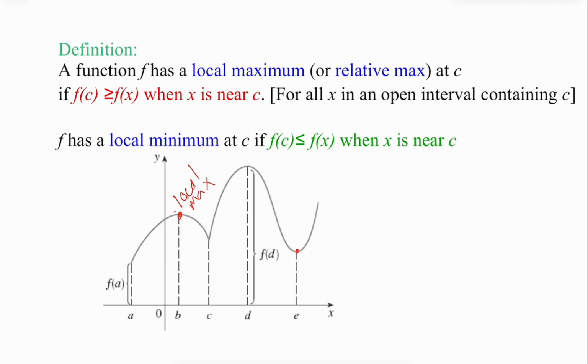This is a local minimum. This is a local minimum. Now, even though this is the absolute max, it can be considered a local max. They are or they are not absolute maxes or mins. So there's that.